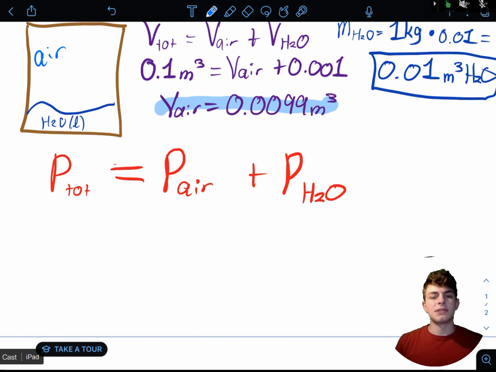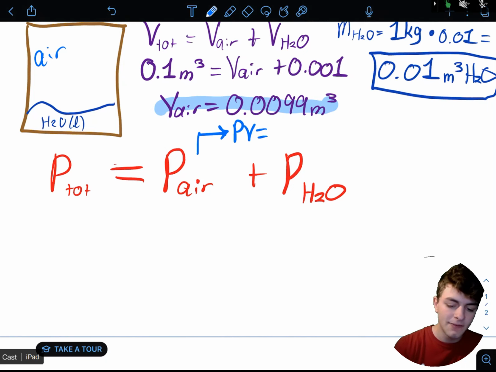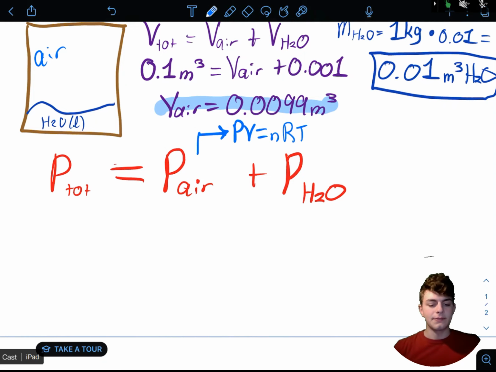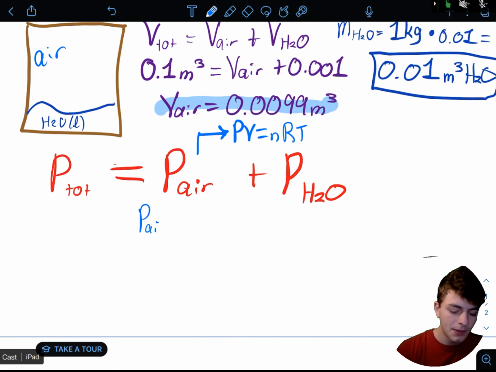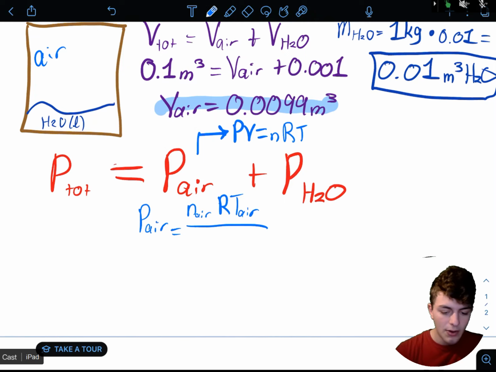Air behaves similarly to an ideal gas, meaning it will follow the ideal gas law, where PV is equal to nRT. In this case, we are solving for P, so we will say the pressure of the air is equal to the moles of air multiplied by the ideal gas constant, multiplied by the temperature of the air, all over the volume of the air.